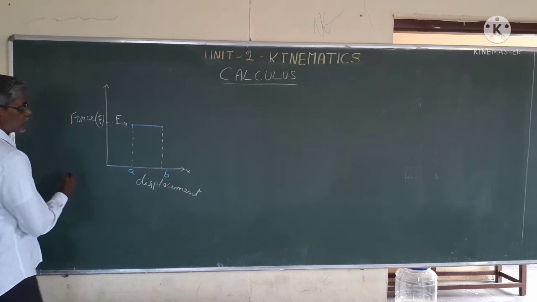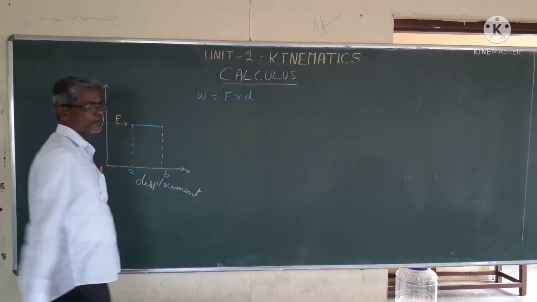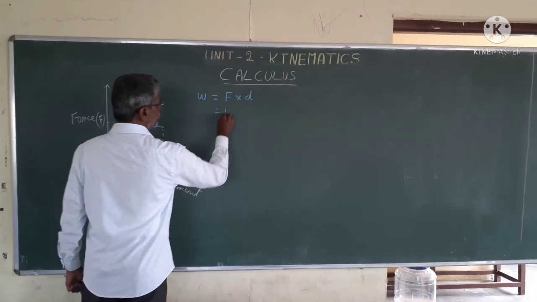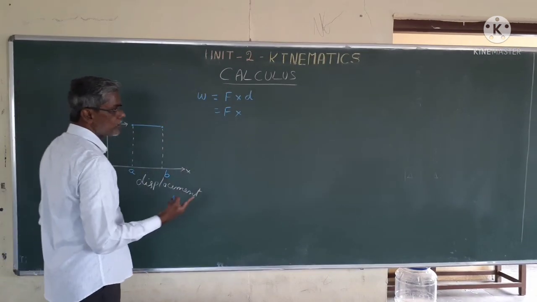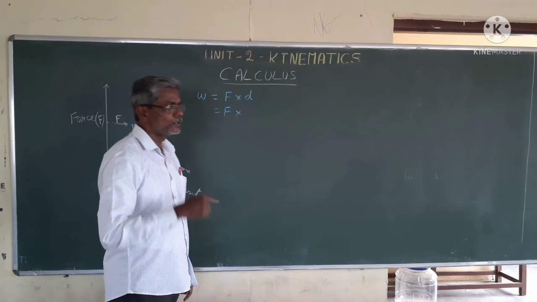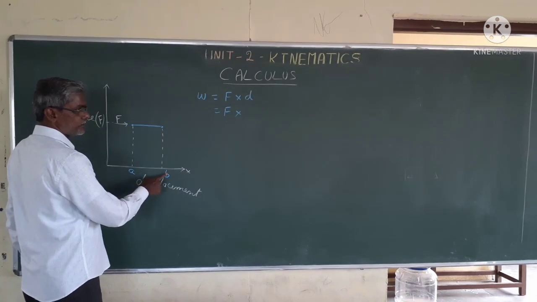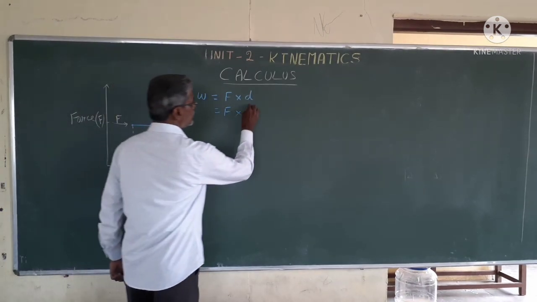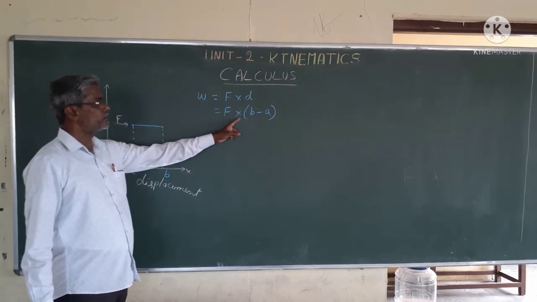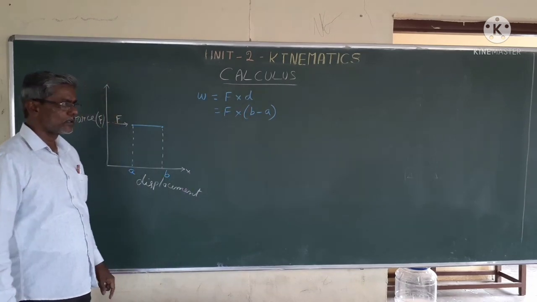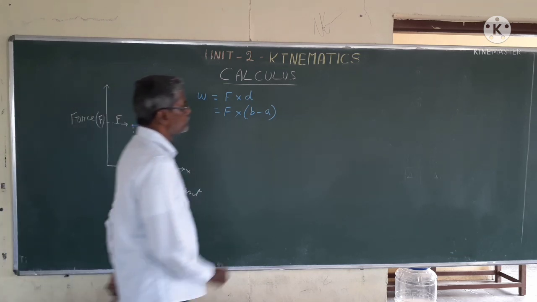So, what is the work done here? Work done is equal to force into displacement. How to find out the displacement? Final position minus initial position. So what is the final position? B. Initial position is A. So I can write B minus A. So work done is equal to force into B minus A. Now, if you see this graph, it is in the form of a rectangle.